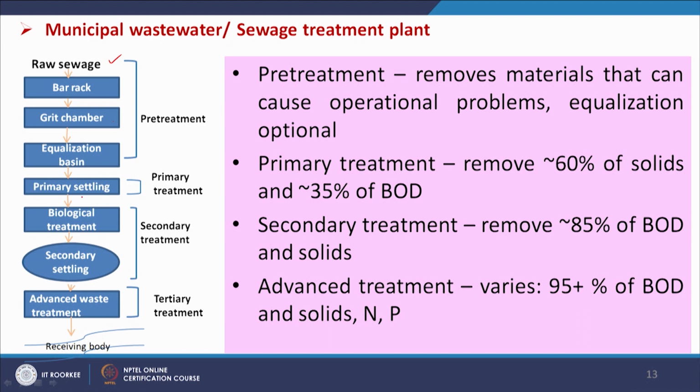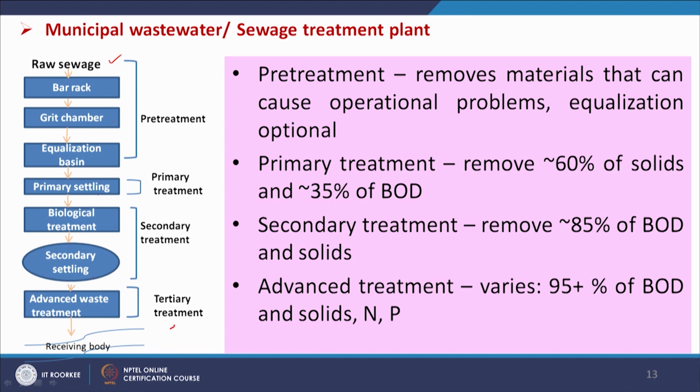And then it is coming to primary settling. Primary settling will give us the sludge, primary sludge, and then it will go to biological treatment, then the aeration unit and microbial addition, and then it will go for secondary settling. After the secondary settling we will get secondary sludge and the supernatant will go for the advanced treatment, that is called tertiary treatment.